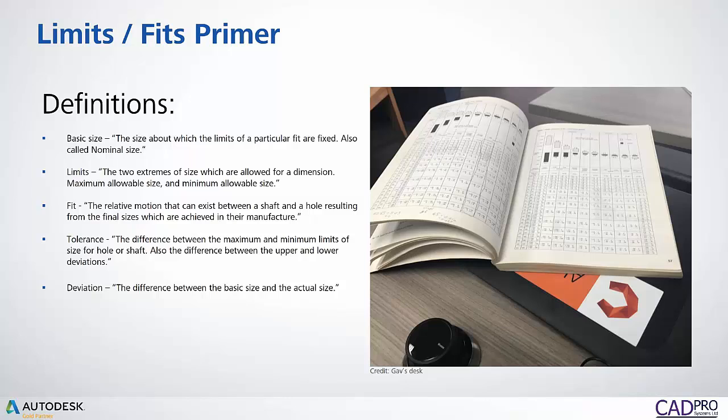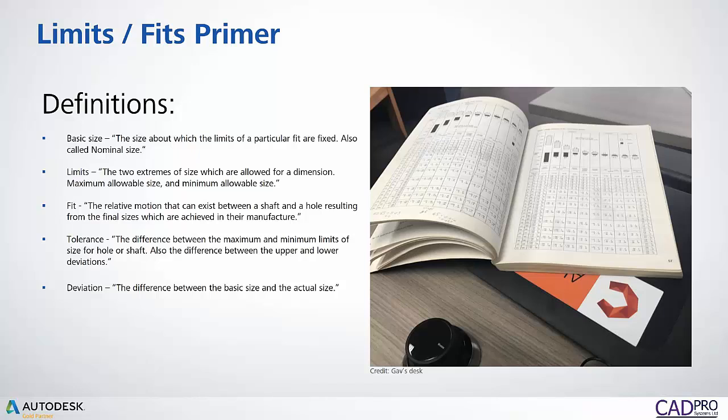Then a fit is the relative motion that can exist between a shaft and a hole, and I use the terms shaft and hole loosely here because they don't have to be necessarily two round parts, but it's effectively whether there's a gap or an interference between how those parts fit together.